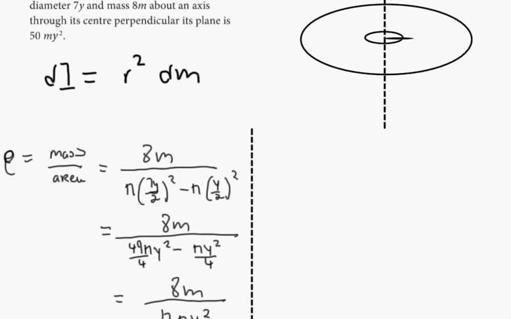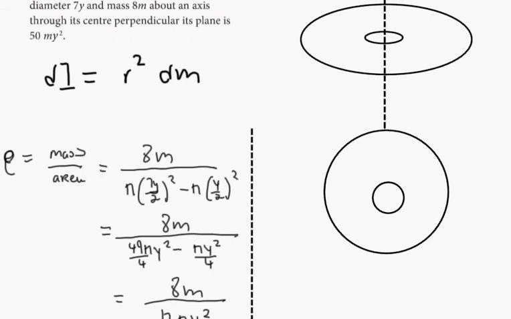That doesn't work. I'm going to try 2D because it's easier. Here's a two-dimensional representation of what I just did, so you have the center cut out.